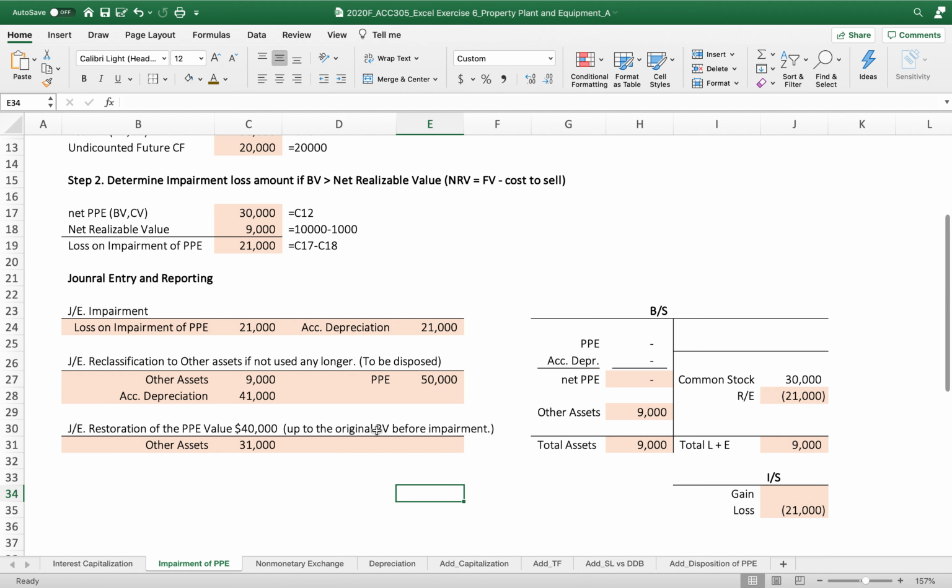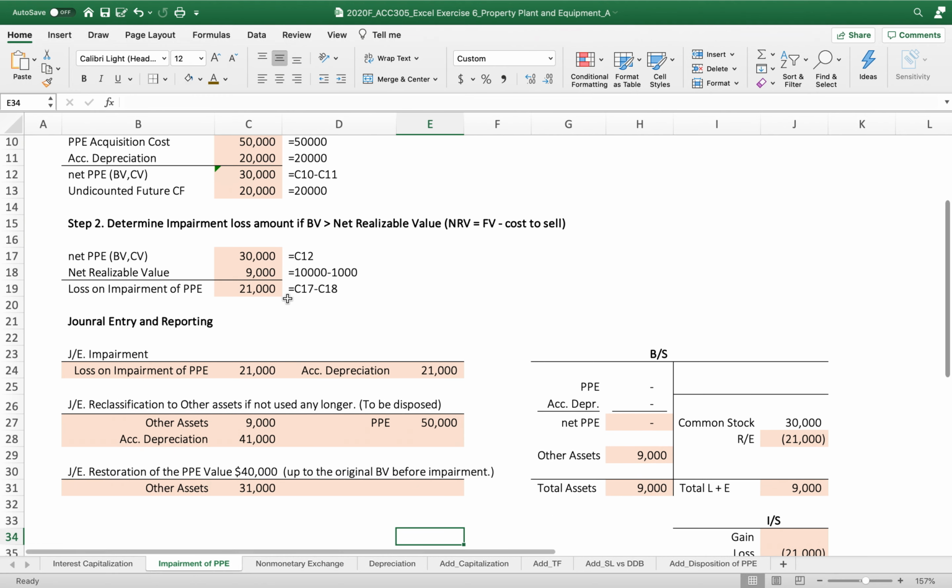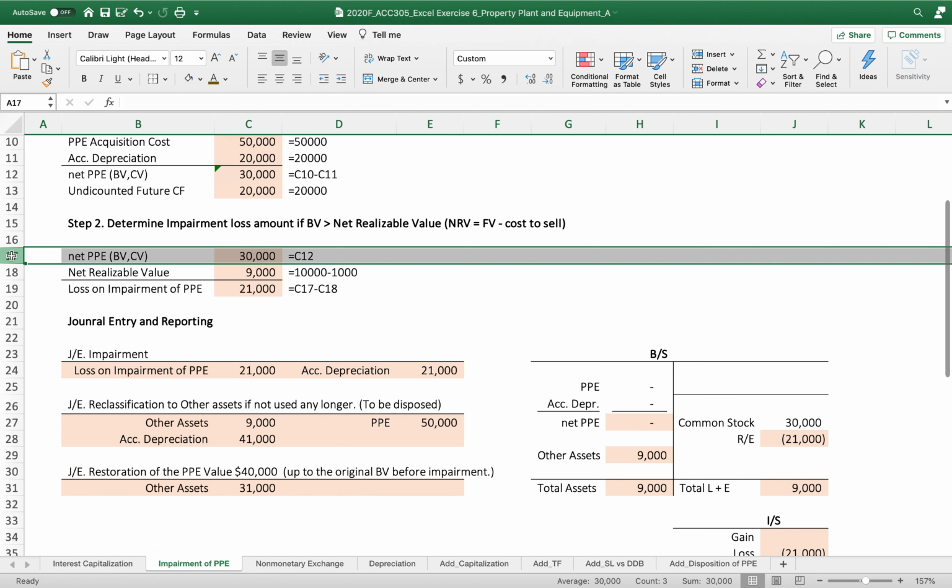The condition of the restoration or revaluation of the PP&E reclassified into the other asset is just up to the original book value before impairment. How much was that? The book value was $30,000. Here you go. Before the impairment, it was $30,000.